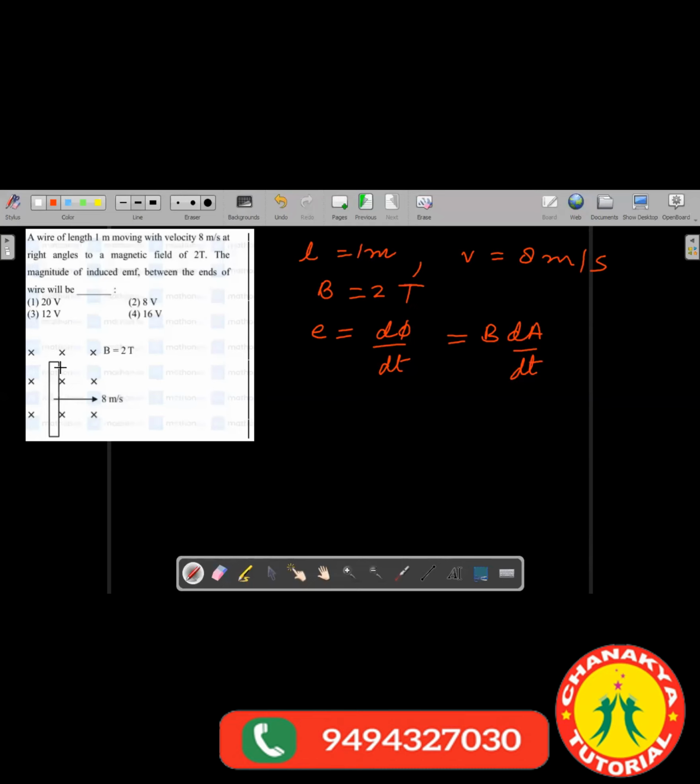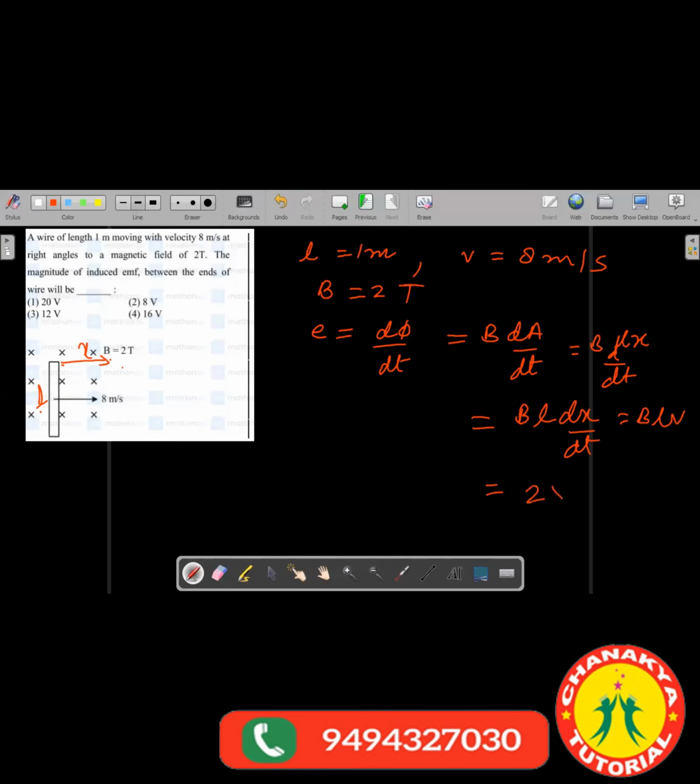The area swept by this length L, if it travels a distance x, will be L multiplied by x. So I can write B times L times x, and here you have d phi by dt. So you can write B L multiplied by dx by dt, which is your velocity. So it is BLV.